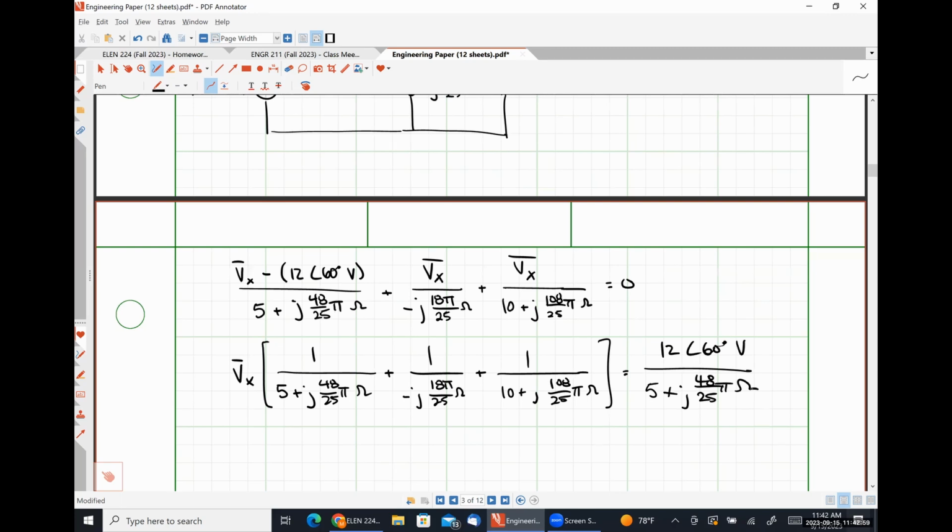Angle 60 divided by 5 plus 48 pi over 25.